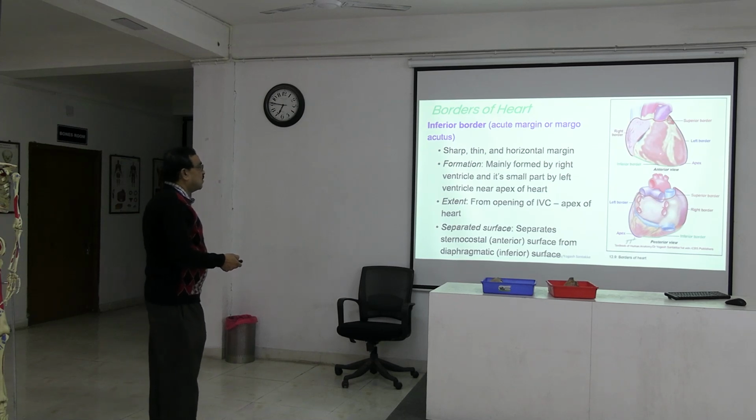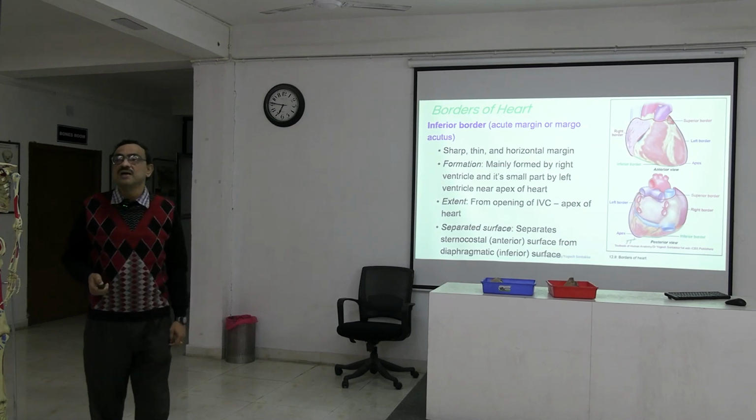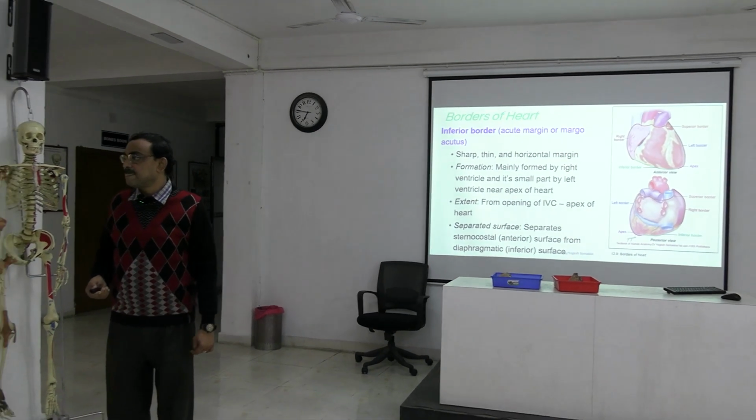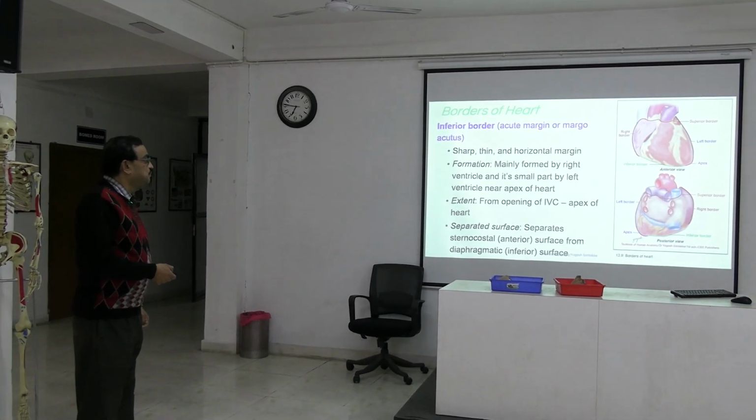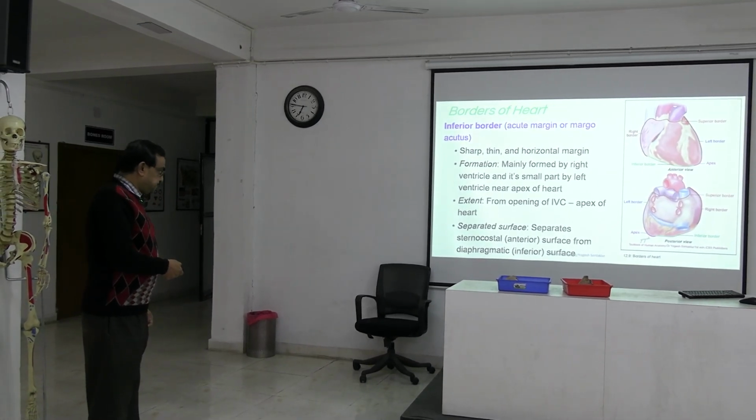At the end of the inferior border we get the apex, and just medial to the apex we can get the groove of the anterior interventricular sulcus, and here we get a notch called the cardiac notch, incisura cardiaca. So the inferior border starts from the inferior vena cava to the apex.